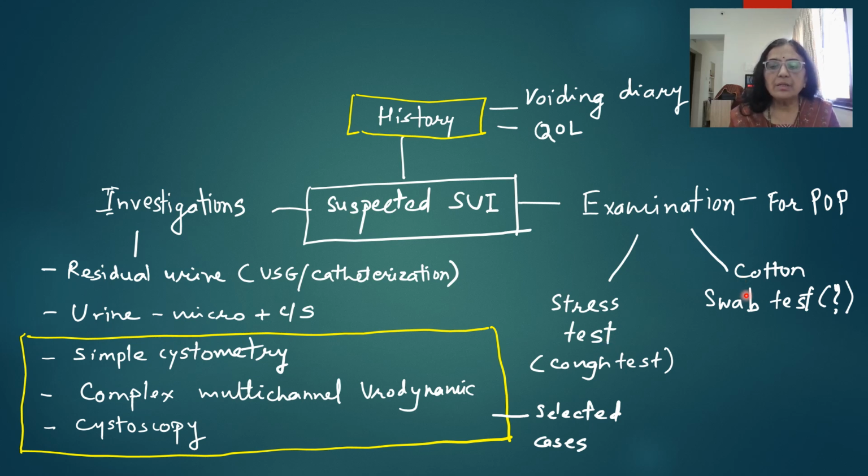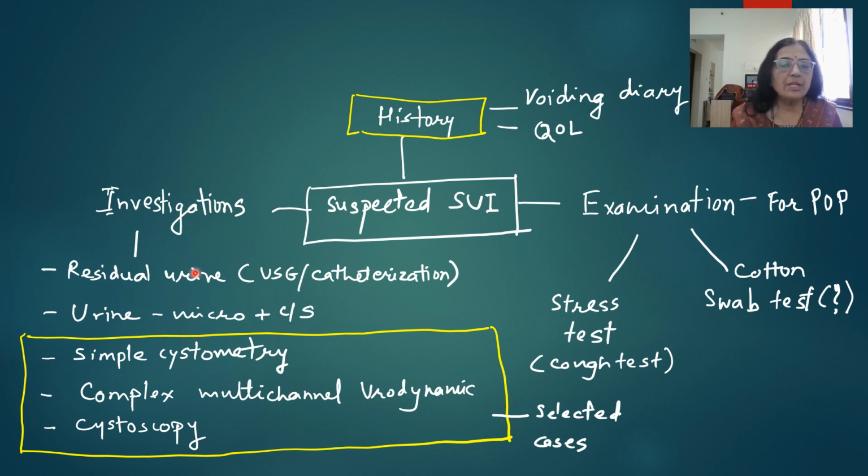The cotton swab test is controversial at present and is not recommended by most of the current guidelines, though it has been mentioned as part and parcel of physical examination in Te Linde's Operative Gynecology. But Novak says that at present it is not being recommended by the American Urological Association.